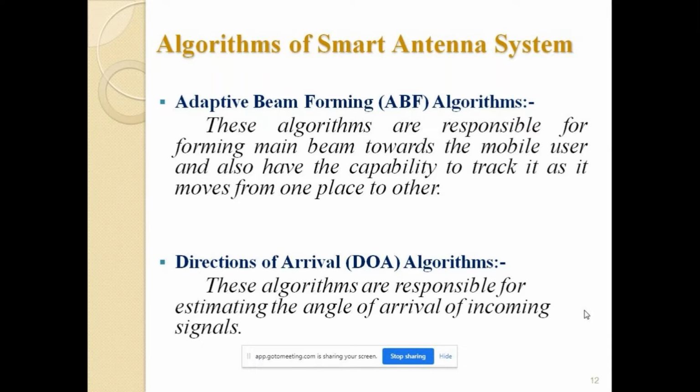Direction of arrival algorithms estimate precisely the directions of incoming signals, which is also very useful for the IoT, Internet of Things. For example, when a person is in the car going home, the AC in the home should be turned on and adjusted to the required room temperature.